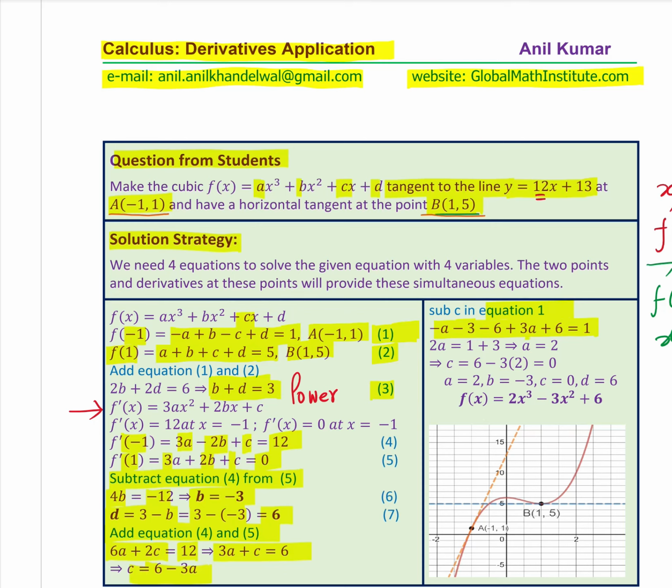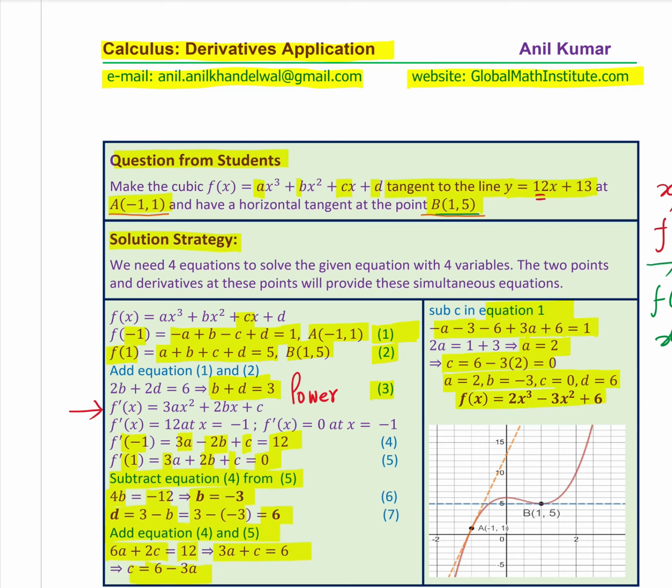So we got an equation in terms of a that helped us to find the value of a, which comes to 2. So we have a as 2. Substituting that a in the equation c equals 6 minus 3a, we know the value of c is, in this case, 0. So we know all our parameters. We get a is 2, b is minus 3, c is 0, d is 6. And that's all. We could get our equation.